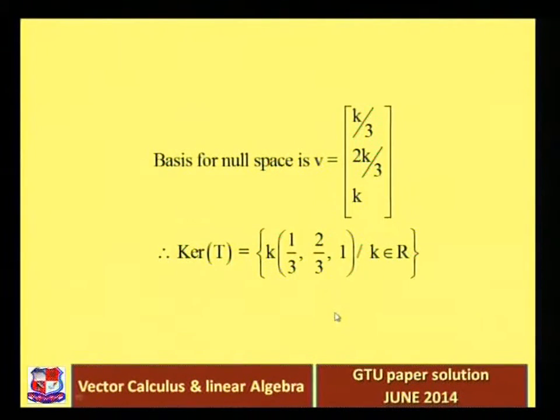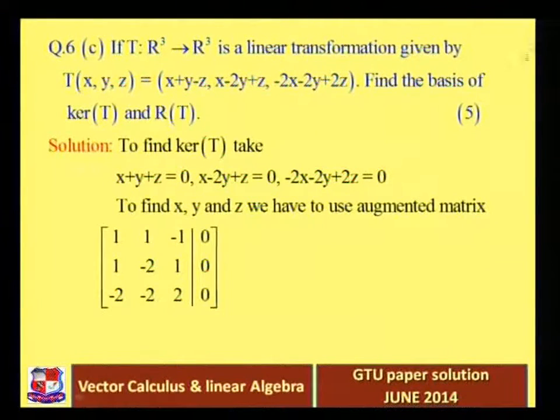Now we want to find the range of T. The question asks to find the basis for the kernel of T and the range of T. There is one important theorem which says that if you want to find the range of a linear transformation which is a Euclidean linear transformation, right? In a Euclidean linear transformation we have a standard matrix, and we can easily find the standard matrix.